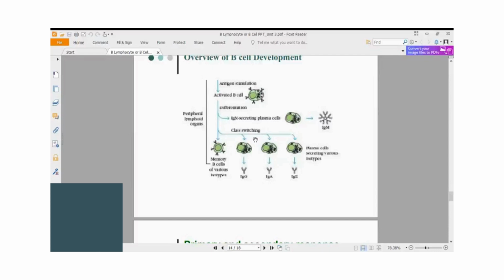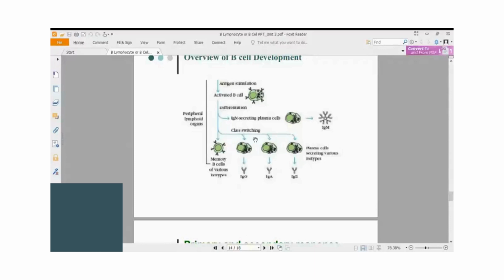Then coming to somatic hypermutation. Immediately after this part, I'll be talking about the antibodies. At that time you will come to know that the specificity of the antibody, that is affinity and avidity of the antibody with the antigen, lies in its Fab arm, where the variable region is present.